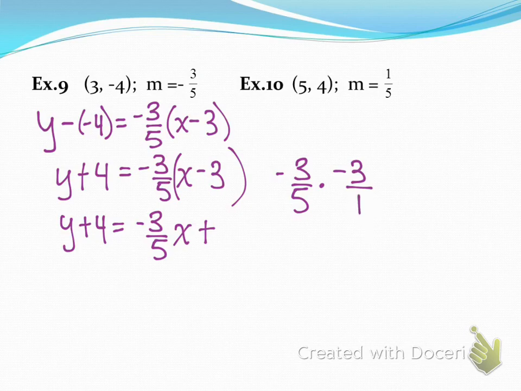When we multiply two fractions together, we just multiply the tops and the bottoms. So in the top, what do I get? A 9, and in the denominator, a 5. So that's what it is right now. It is going to be a positive 9/5. Questions about how we got there?